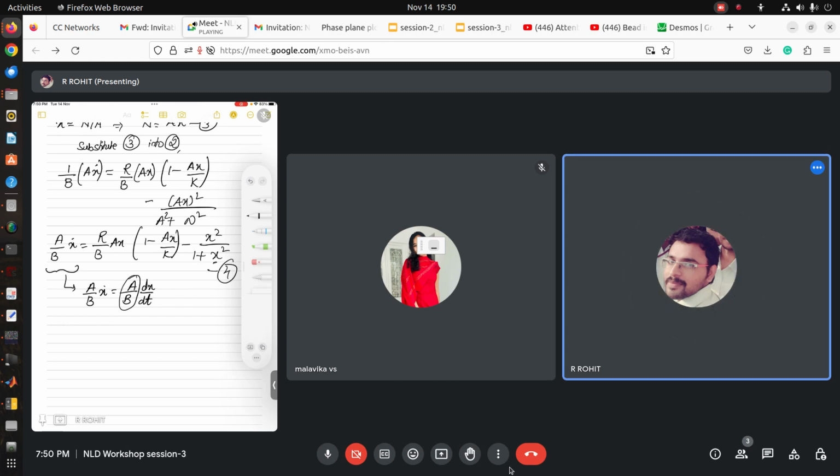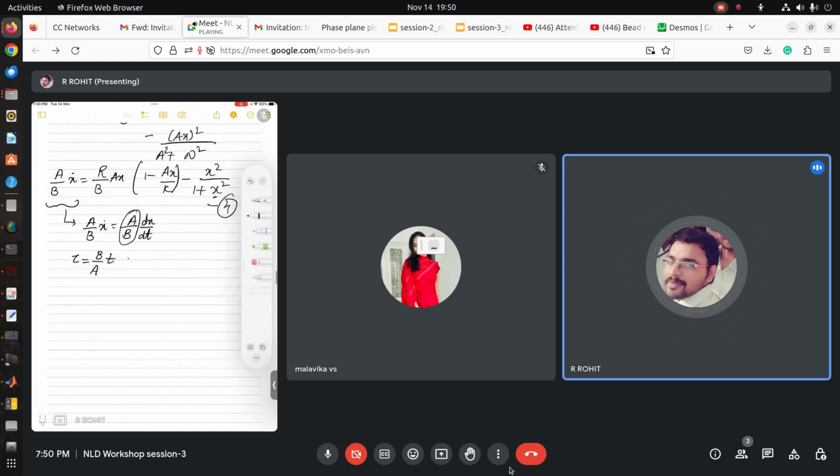So for that you need to convert it into another variable called tau, such that if you take the derivative of it, you should be able to delete this a by b. So we take the inverse of it. b by a times t is the variable we consider. So d tau is nothing but b by a times dt, and this is nothing but d tau by dt equal to b by a.